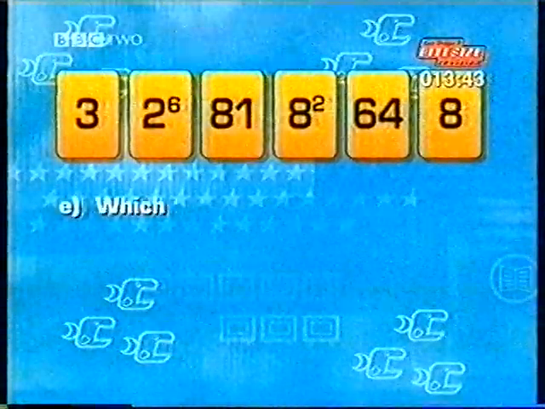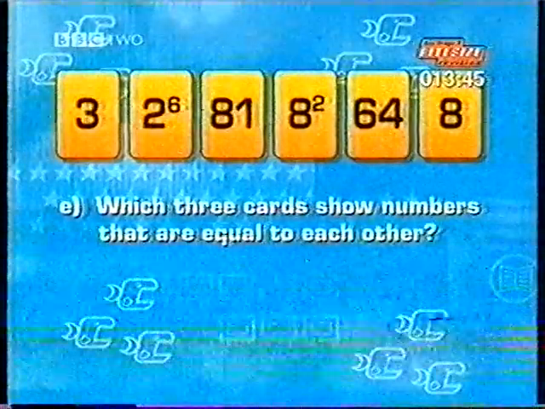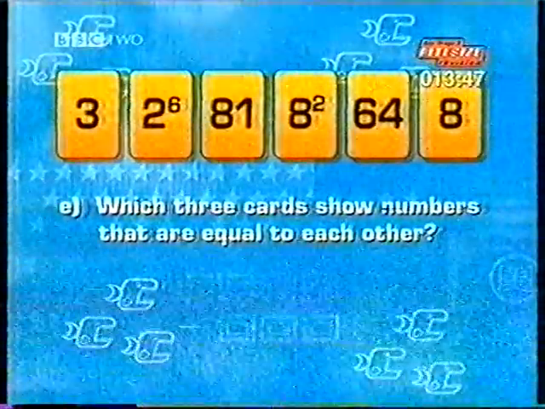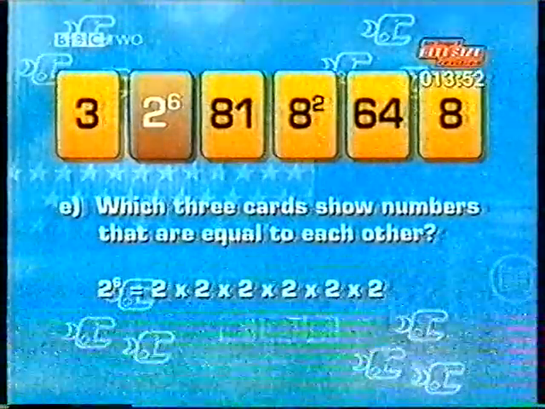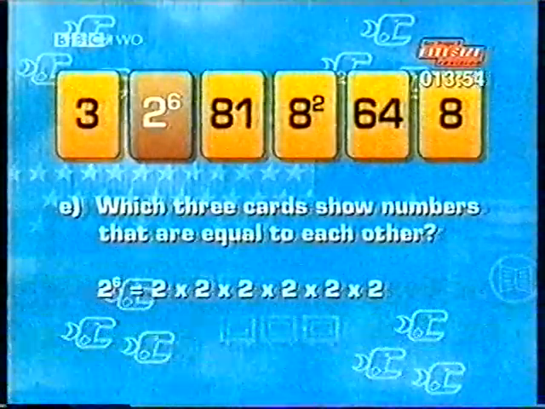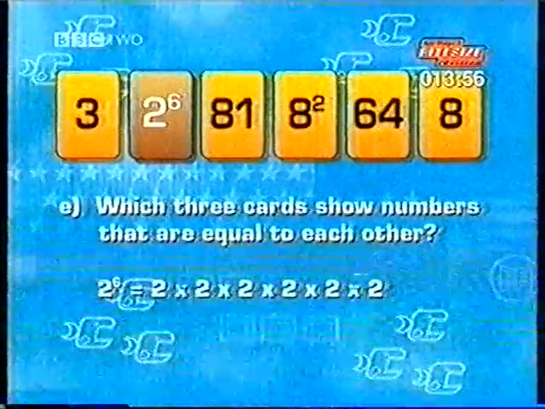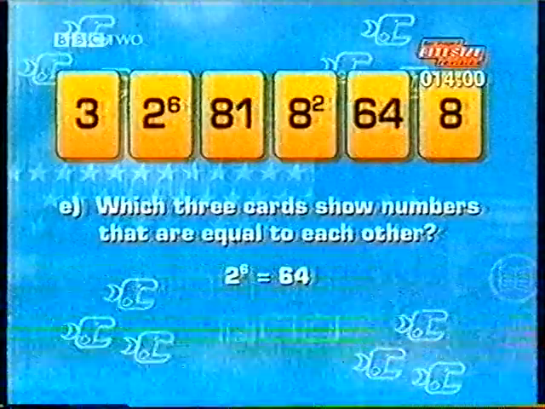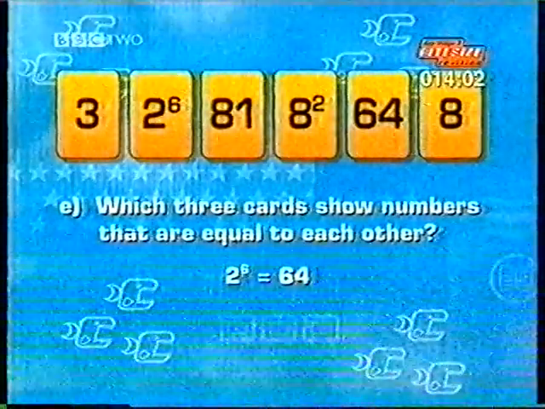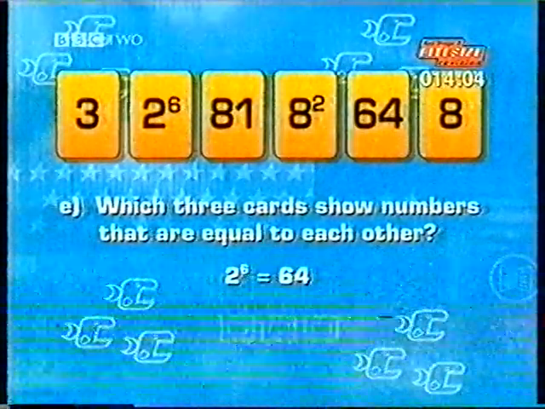Finally, question E asked, which 3 cards show numbers that are equal to each other? Let's look at 2 to the power 6, which is 2 times 2 times 2 times 2 times 2 times 2. Working that out is 64. Then we have the card 81, so that's no good.